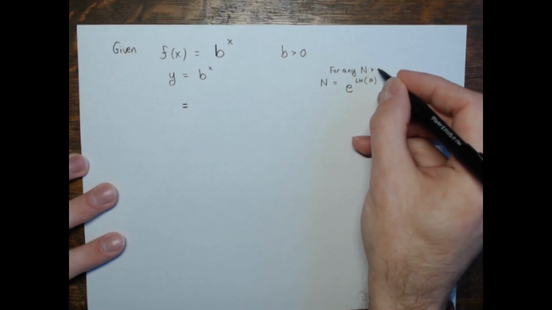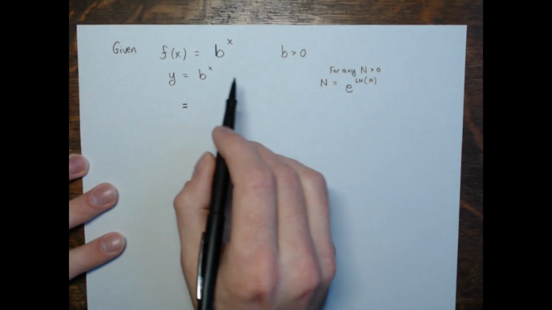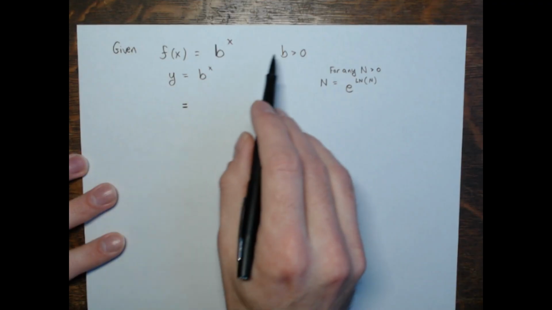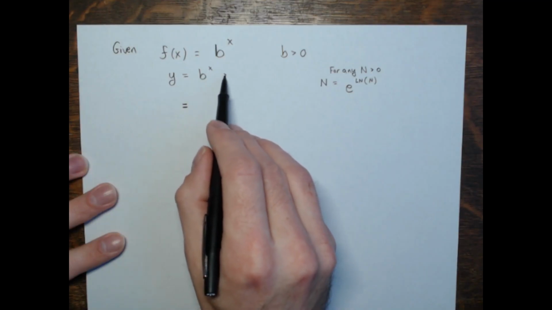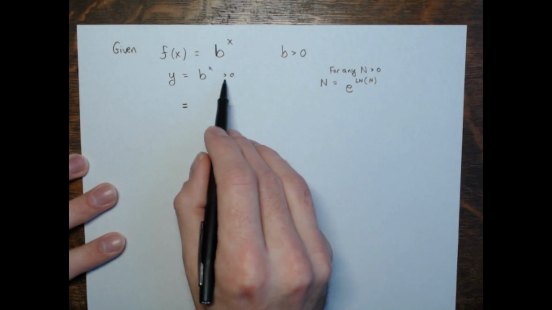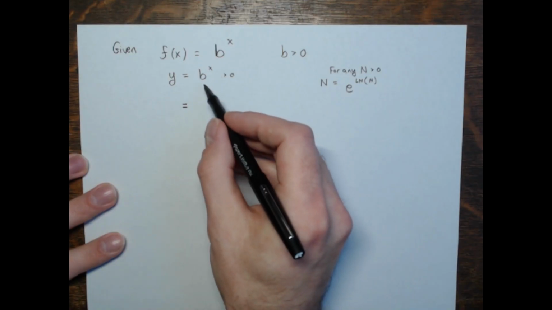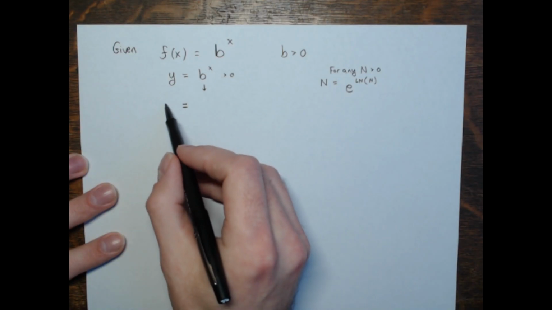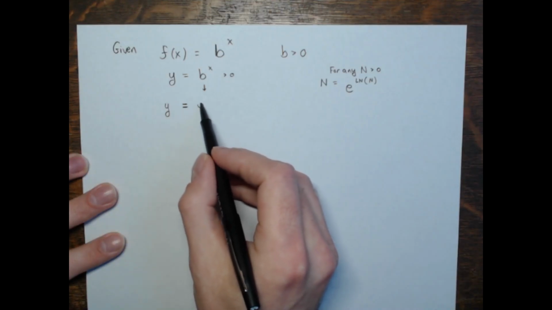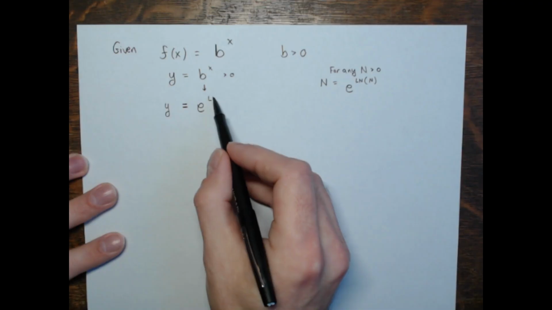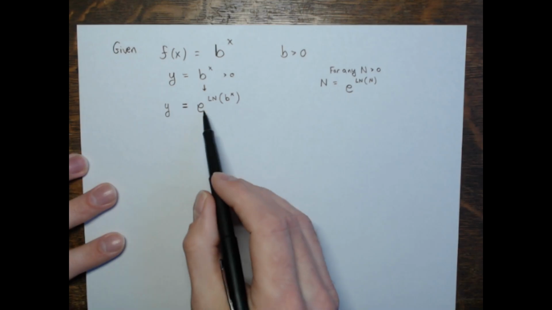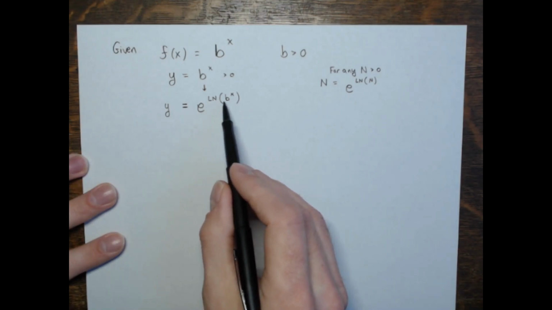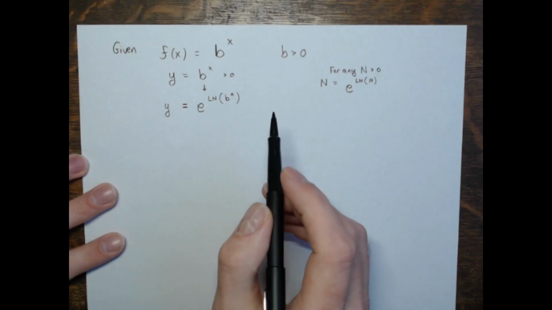So I'm going to say for n positive. And this should be positive. You take any positive base, raise it to any real number power. This is a positive quantity, this b to the x is greater than 0. So I can rewrite it as e to the natural log of itself. The e and natural log would undo each other here, and I'd be left with b to the x.